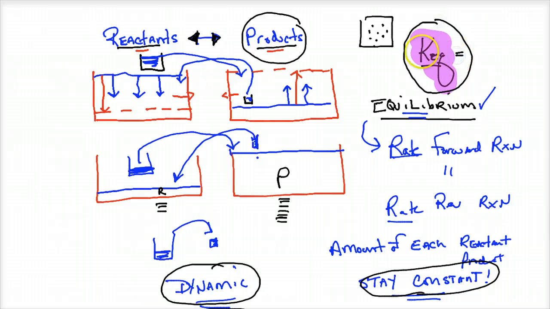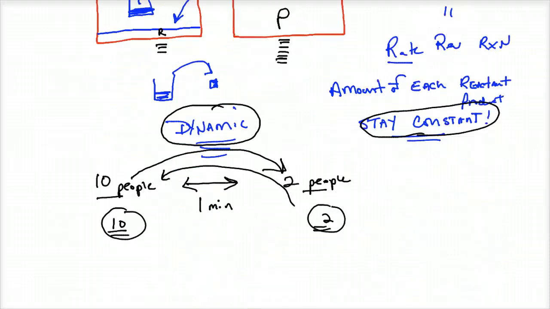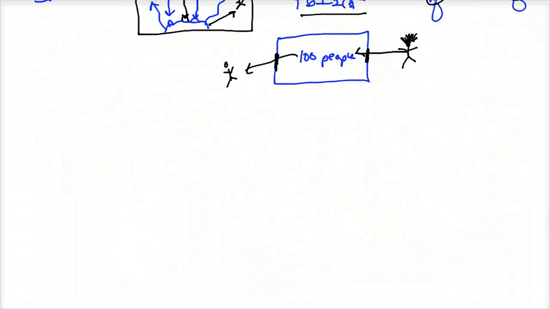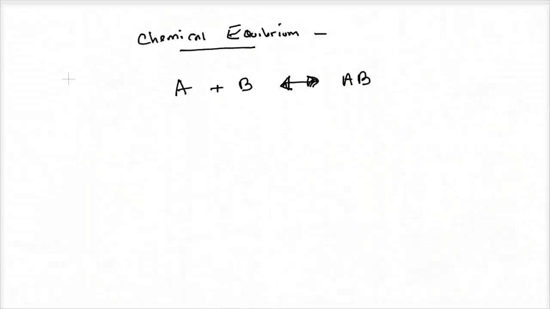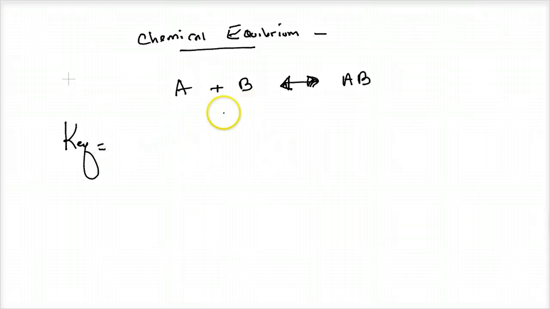We do so by Keq. Keq is a value that helps chemists figure out, okay, who's more favored. Now, to get a Keq value, they realize that the rate of the forward is equal to the rate of the reverse. Hey, rate law!